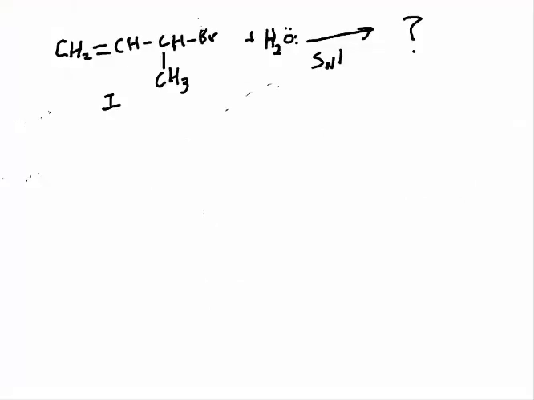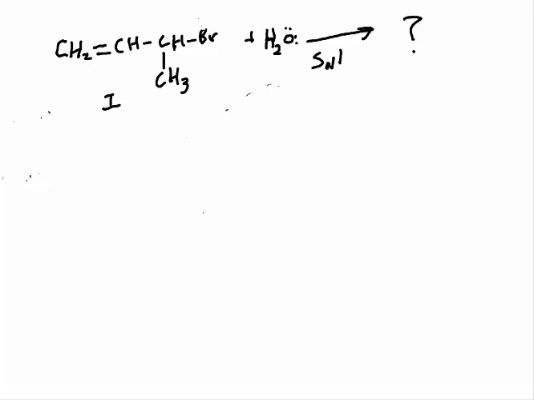All right, here we are at the whiteboard. What I want to show you is how you get two products from the SN1 hydrolysis of compound number 1. Compound number 1 is classified as an allylic halide. The SN1 hydrolysis means the reaction of water.